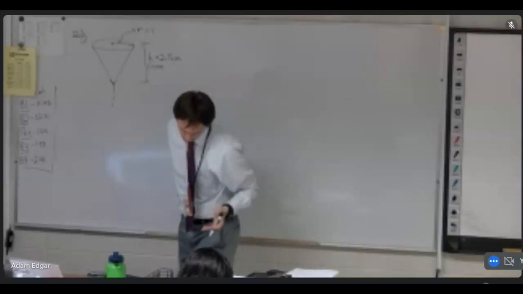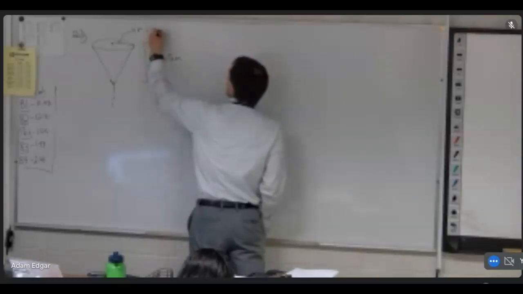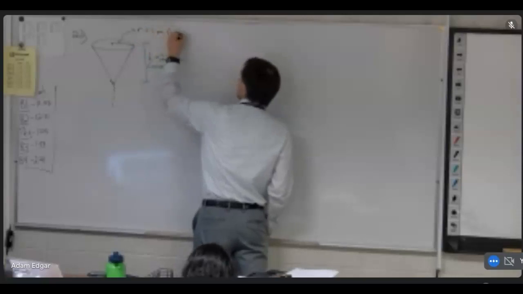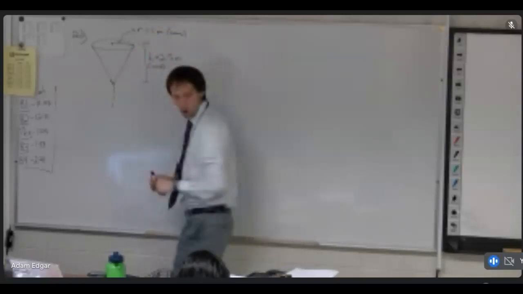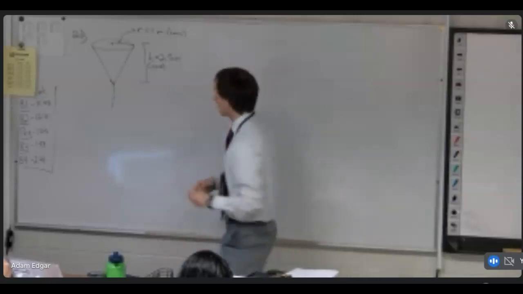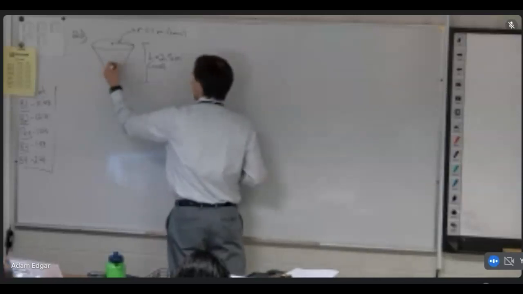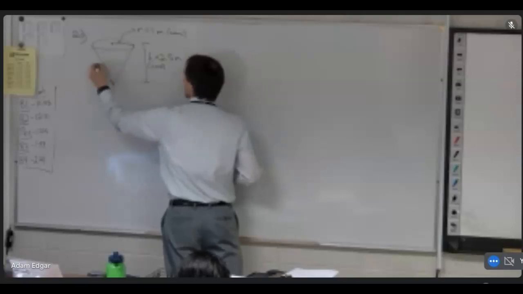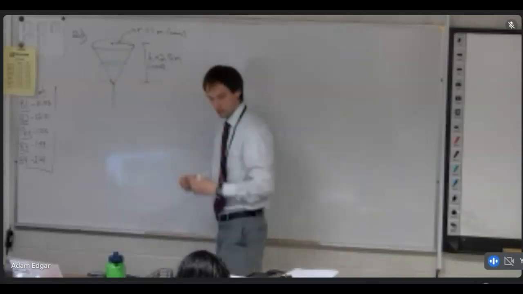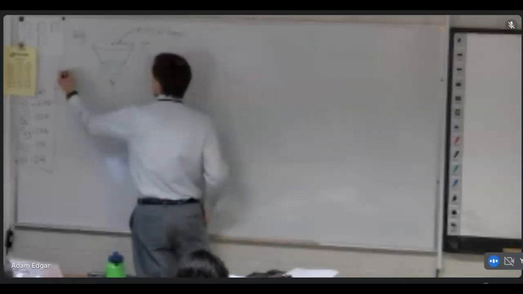Yeah. That's for the entire cone. And then we've got water inside the cone. We'll call that green water, I guess. So the water inside the cone is only about halfway up. So the height of the water is what, 1.25?